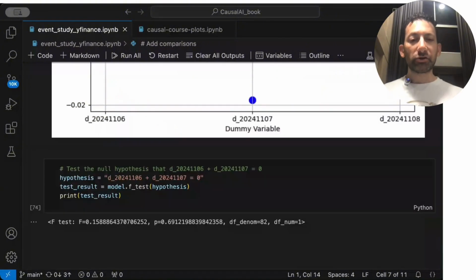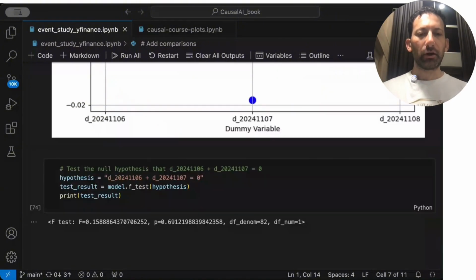Now, there is no obvious answer to which set of dates you should test here. Are you only testing the first date? Would you test the first two since they are both statistically significant? Would you also add in the third just in case? You're going to have to make a defensible choice here.